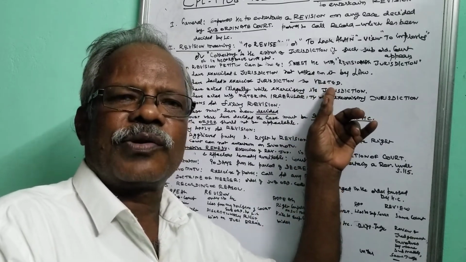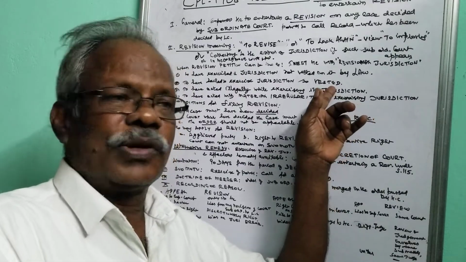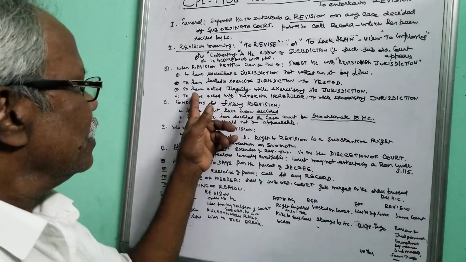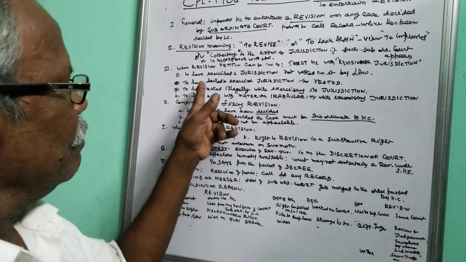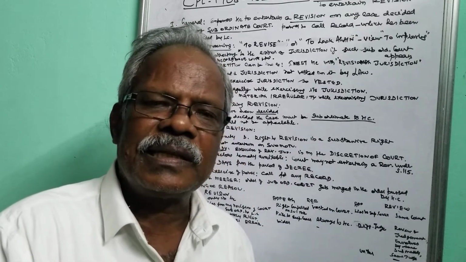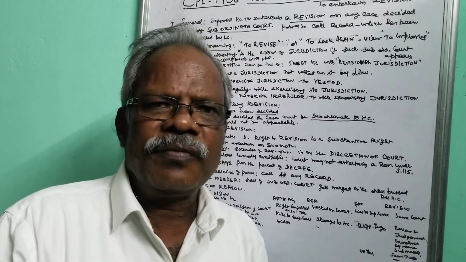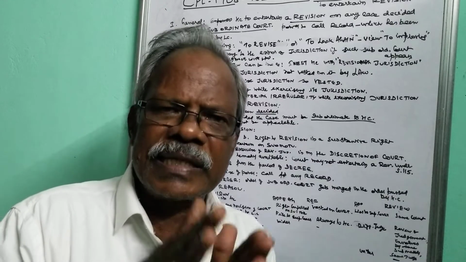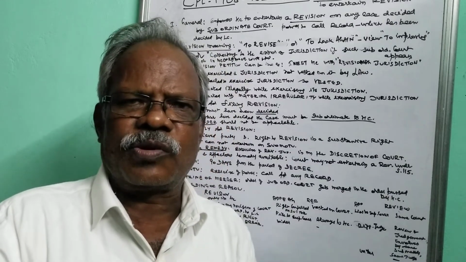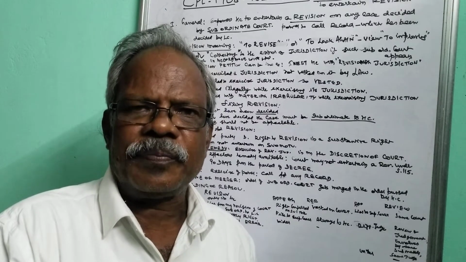So the lower court has acted illegally in deciding the jurisdiction. And another important thing, certain powers are vested with the lower court. When it failed to exercise the powers vested with the lower court, then the revision can be taken up.